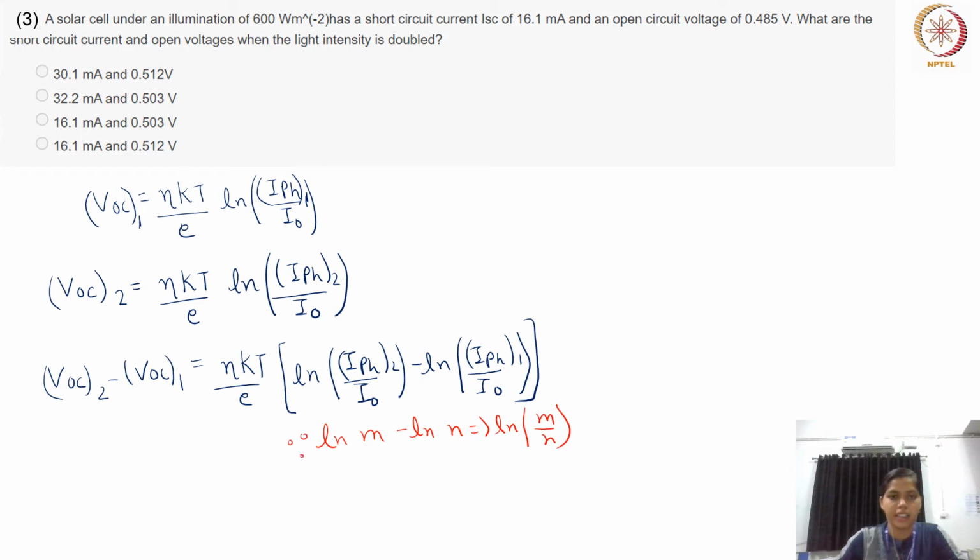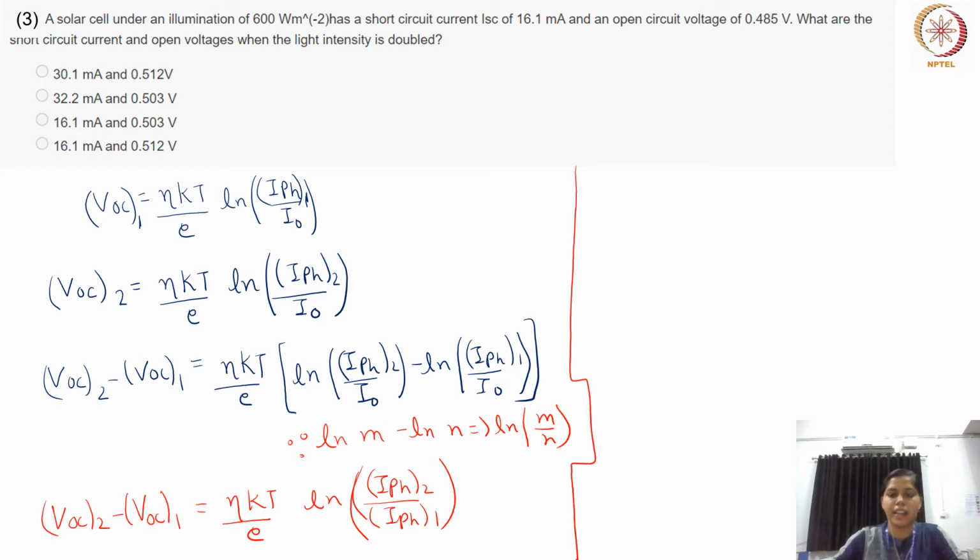So we can write this expression as eta KT divided by E ln of IPH2 divided by IPH1. Is this clear to everyone up to this point? So this is my VOC2 minus VOC1.